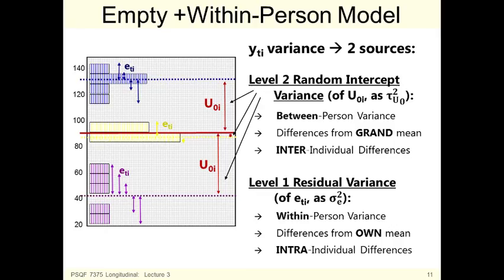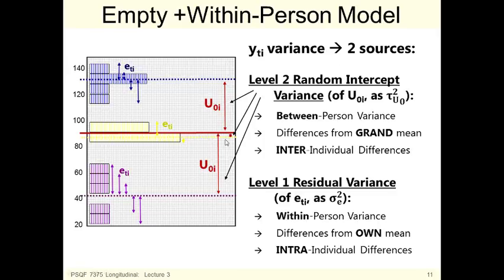So if we put that onto the picture that we had before, then we can link these ideas to the modeling terminology. So what we've done is taken the original total variation in Y, which now has a T and an I subscript here because it's per time, per individual, and we've partitioned it into two sources.